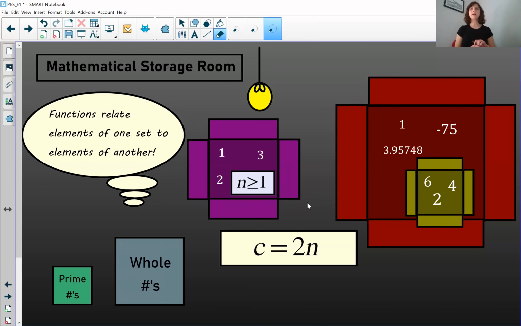So that's kind of a set on its own. You know, just saying that n is a subset of positive integers that are greater than or equal to 1. You know, that doesn't really have a nice simple name like prime numbers or whole numbers, but it's still a set, and it's a set that we can use to plug into a function and then get an output set.